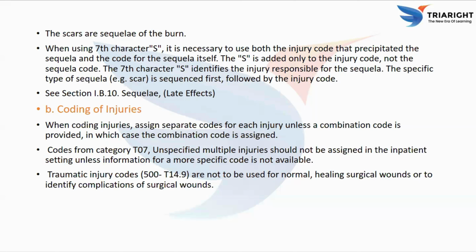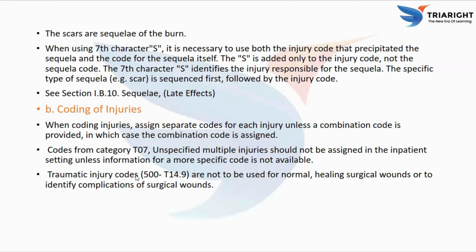Then coming to guidelines regarding coding of injuries. You have to assign separate codes for each injury unless a combination code is provided that includes multiple injuries. For example, the patient has a head injury as well as an arm fracture. Code both injuries separately unless a combination code exists. Category T07 is unspecified multiple injuries.